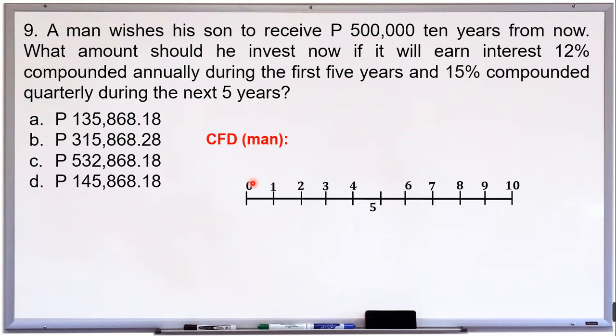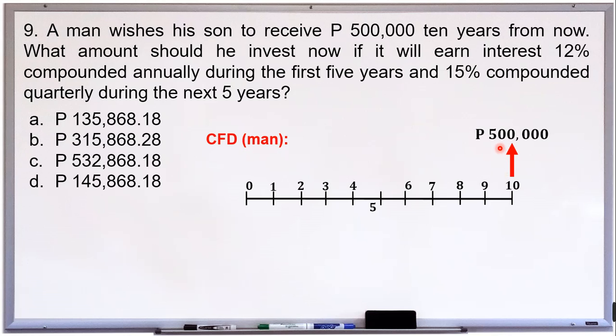Next is we're going to plot the 500,000 pesos. Since this is the target of the man, that he is going to give this to his son 10 years from now, in his point of view, this is an inflow of money, because in order for him to give this amount, he needs to withdraw this amount of money from a certain bank.